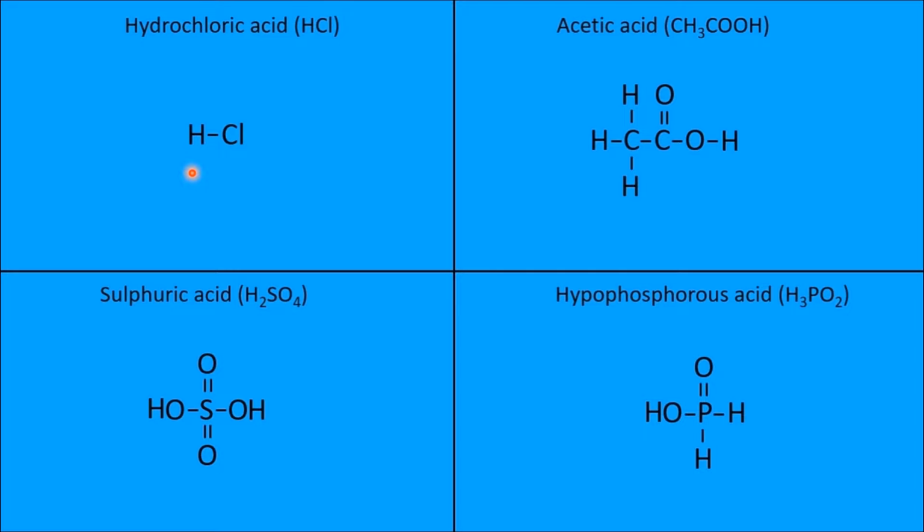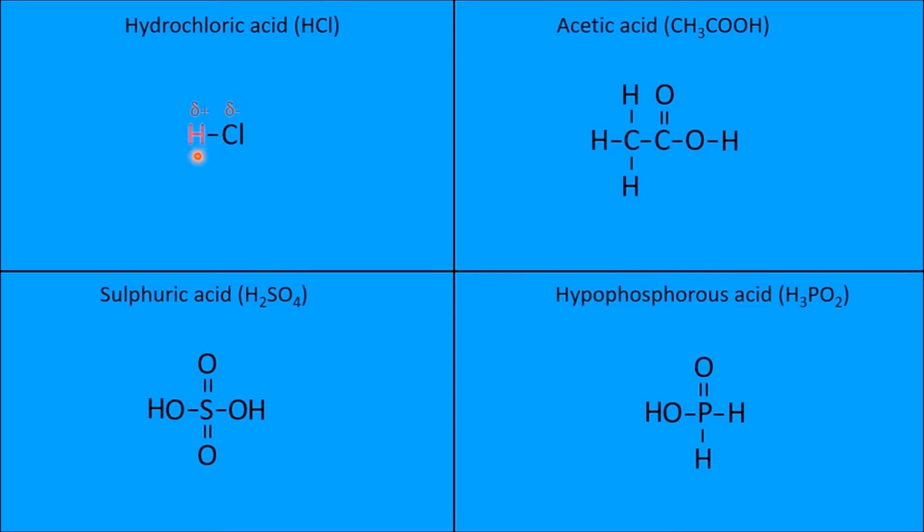Out of them, the first one is hydrochloric acid. See, in hydrochloric acid, one hydrogen is there. Whenever it is reacting with bases, we can remove this hydrogen easily because HCl is covalent. This has partial positive charge and partial negative charge. Hydrogen is connected to the highly electronegative chlorine atom.